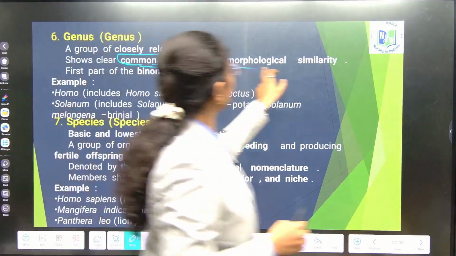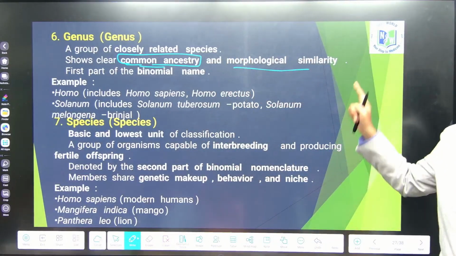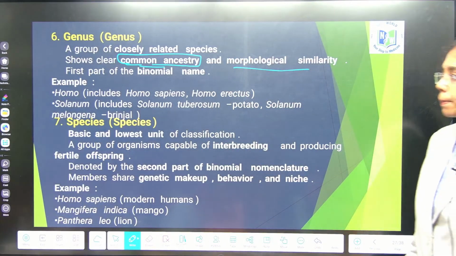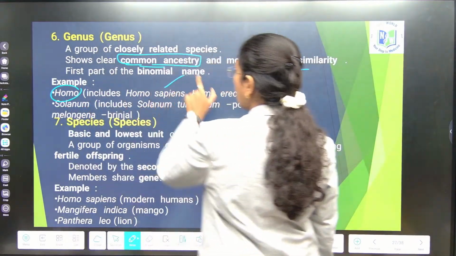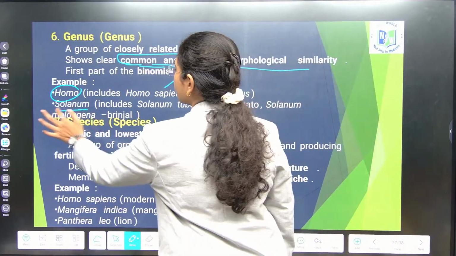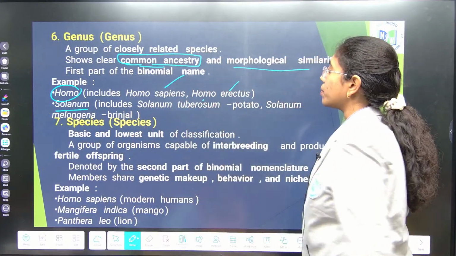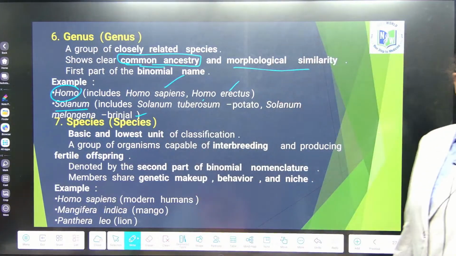And they have what? Morphological similarity. Genus is the first part of the binomial name. For example, Homo has different species like Homo sapiens, Homo erectus. Solanum includes Solanum tuberosum, that is potato, Solanum melongena, that is brinjal.